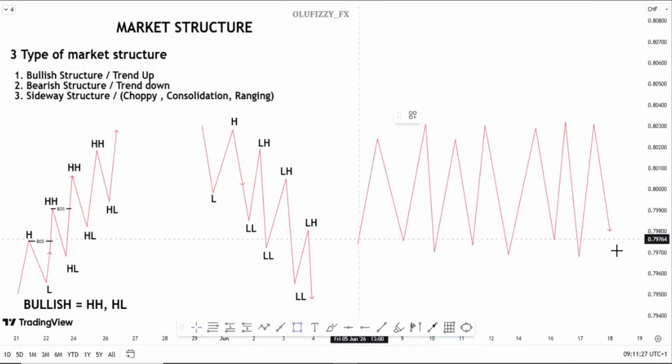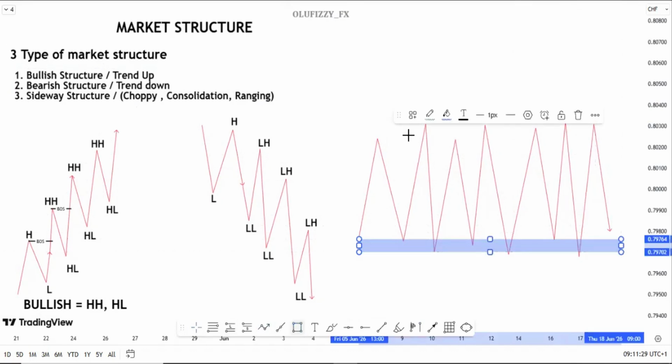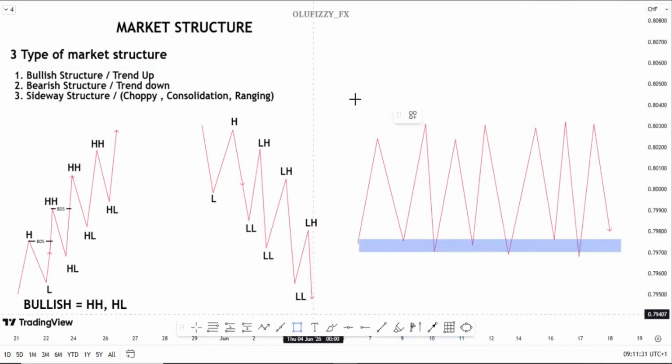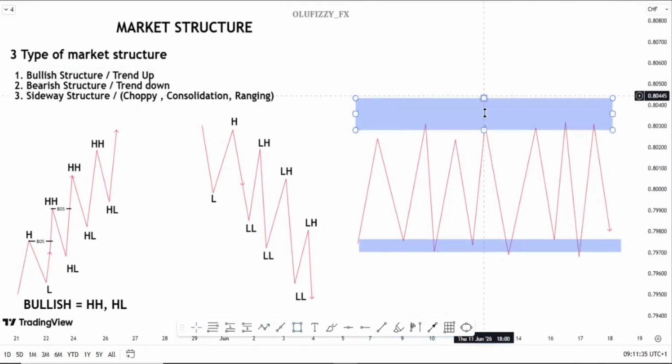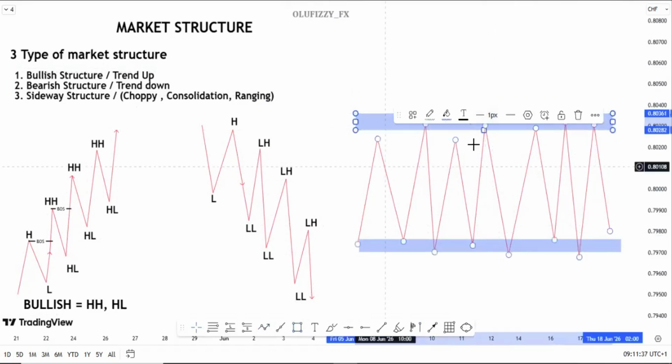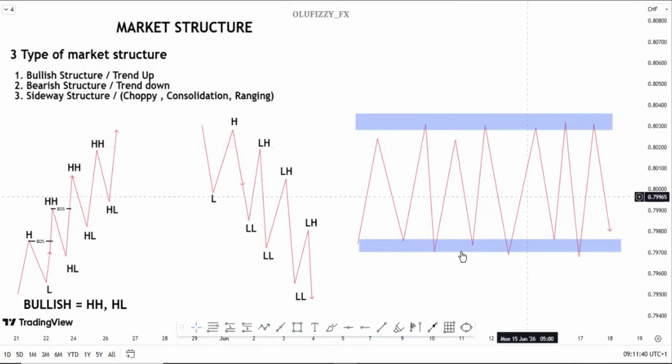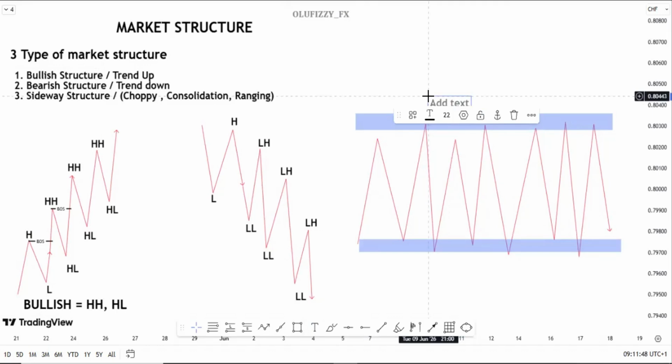So price was ranging from one zone to another. Anytime you see price giving you relative equal highs and relative equal lows, that is when price is in a ranging market. You are having equal highs, but it does not necessarily mean it must be exactly equal.